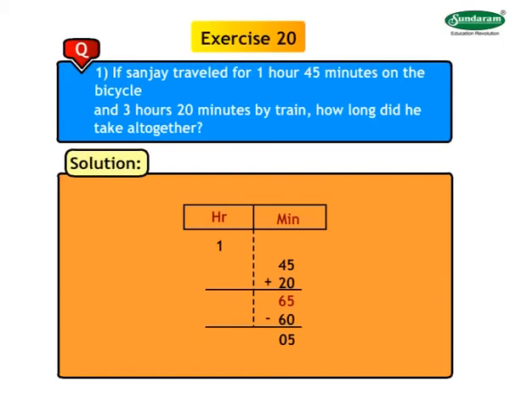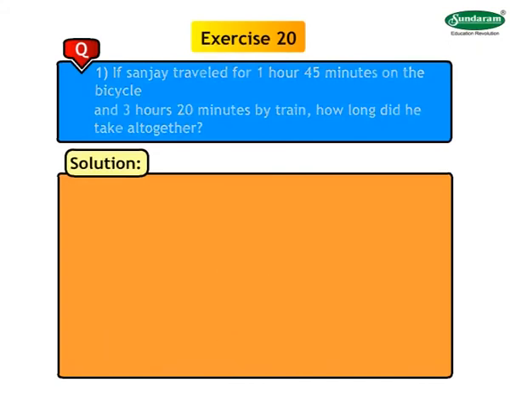Write only the remaining 5 minutes in the minutes column. And now, add the hours: carried over 1 plus 1 plus 3 is equal to 5 hours. Therefore, the answer is Sanjay travelled for 5 hours 5 minutes altogether.